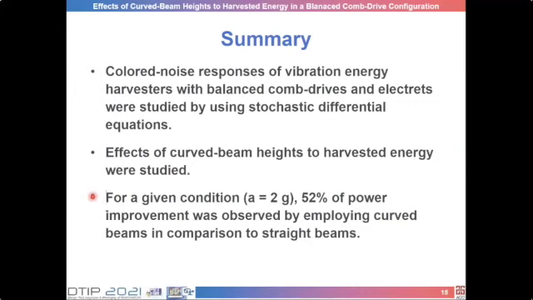For a given condition, 52% power improvement was observed by employing curved beams in comparison to straight beams. This improvement also depends on the conditions, such as the vibration acceleration, and further study is needed. Thank you for your attention.